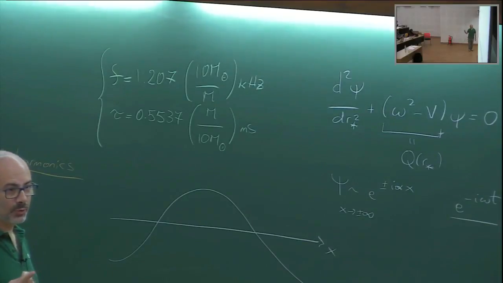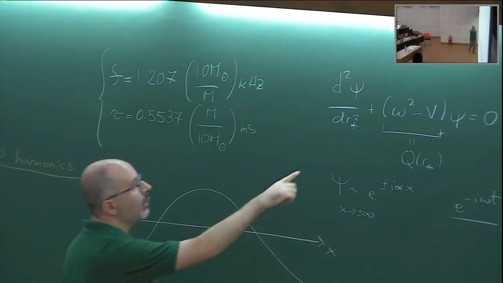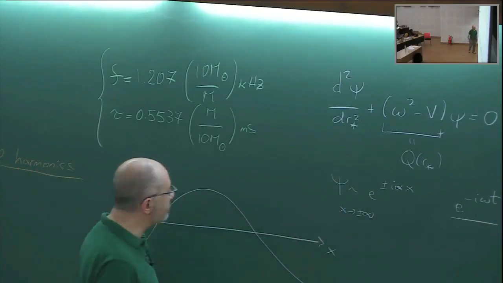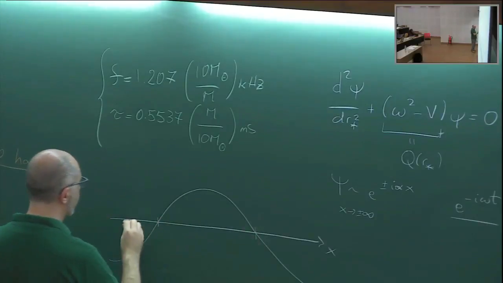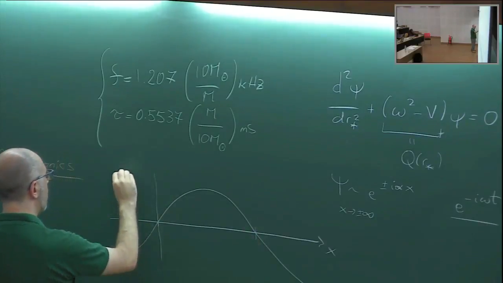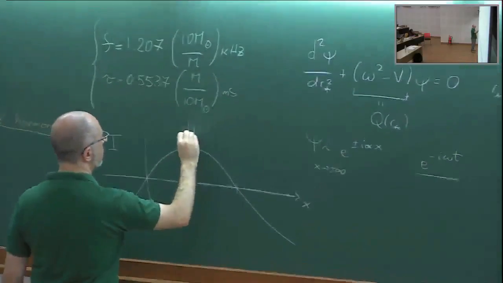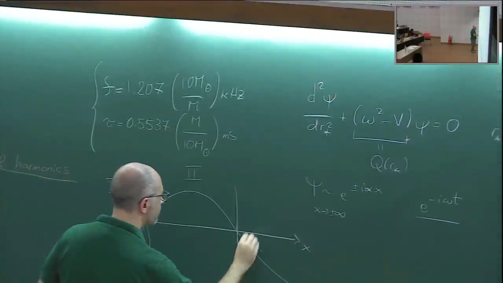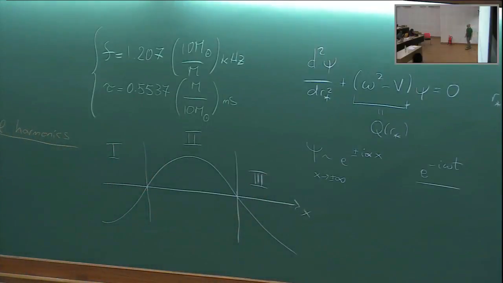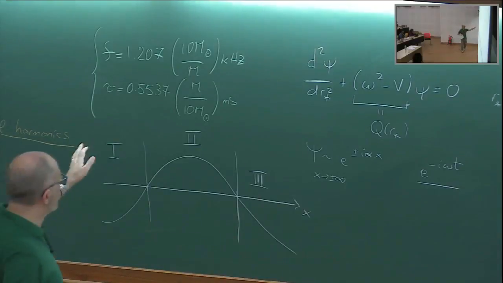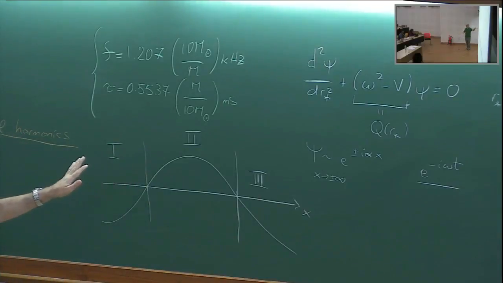Well, V goes to 0 at plus minus infinity, but now I'm considering omega squared minus V. And then you can define 3 regions here. Let me call them region 1, region 2, and region 3. And then you look for solutions of your wave equation in the 3 regions separately, and you try to match them together.